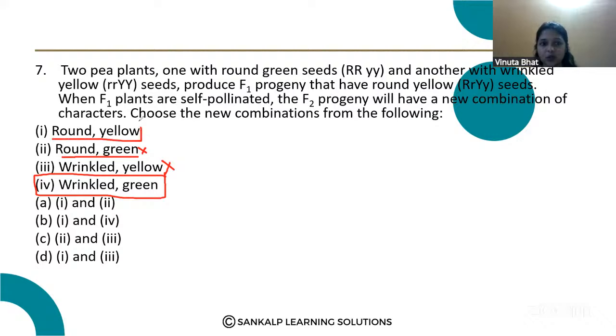So options 1 and 4: round yellow seeds and wrinkled green seeds are the new combinations produced in the next generation, that is 1 and 4. In option B, we can see 1 and 4 is the correct answer. Option B is the correct answer.